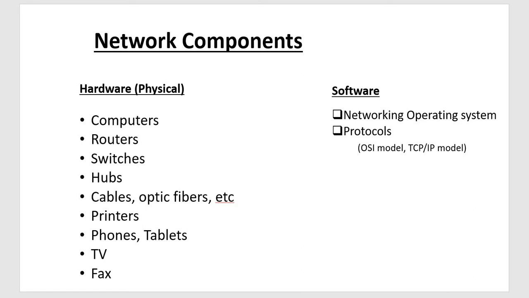The network operating system is typically installed in a server, and this is going to facilitate workstations in a network to share files, database, applications, printers, etc. That's what a networking operating system does. On the other hand, protocols, these are your rules or guidelines that are followed by each computer for data communications.